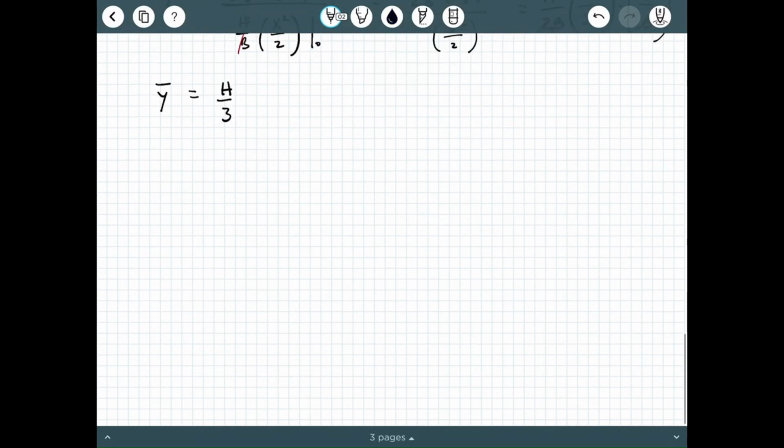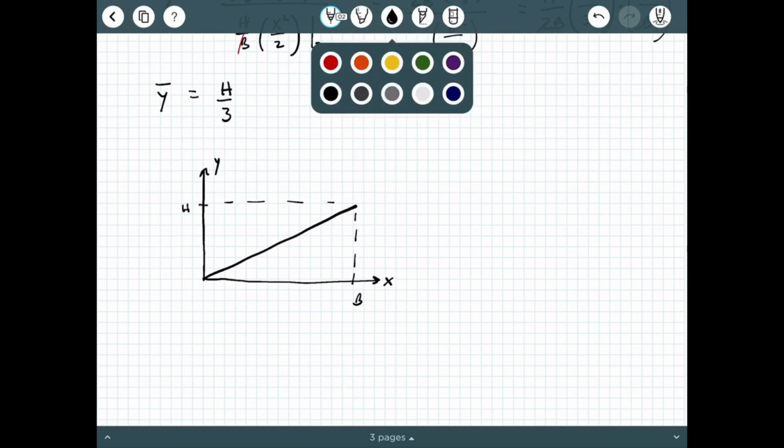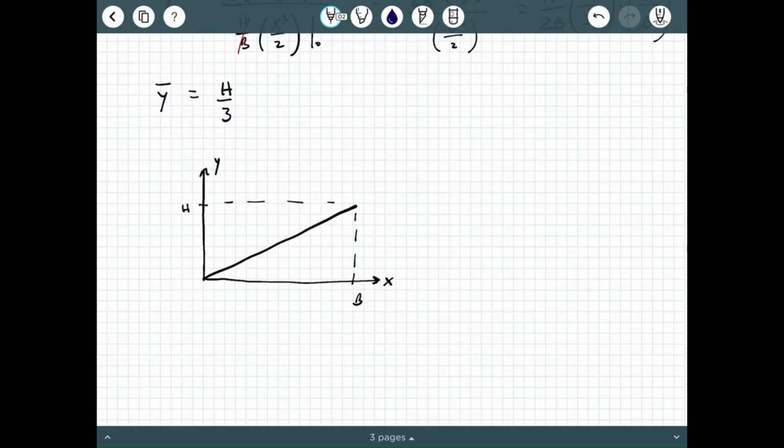Okay, so if I want to make a final sketch of this, just to make sure we can visualize things okay. There's B, there's H. Y bar is about right here.